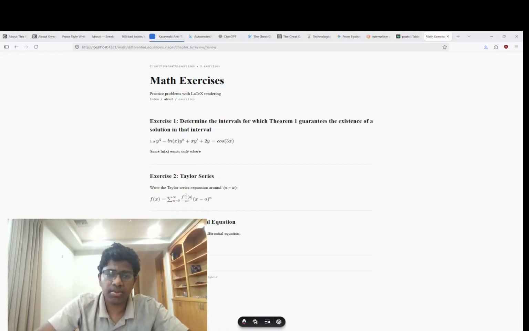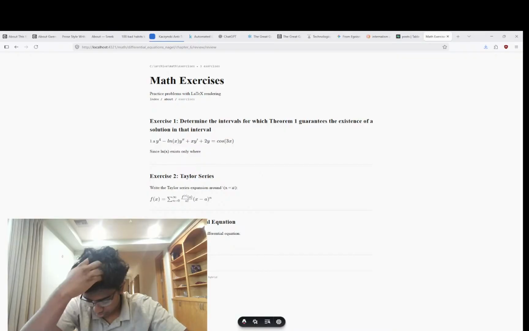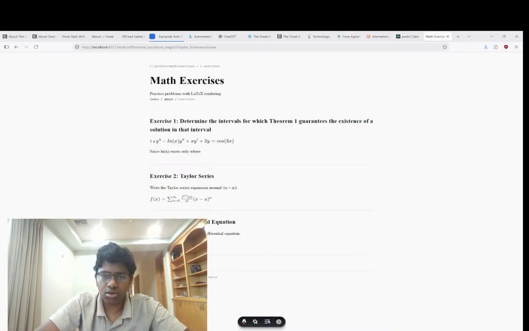So let's just write that out: only where x is greater than 0, and all other coefficients are continuous for all real numbers. The existence of a solution is only guaranteed for x greater than 0.